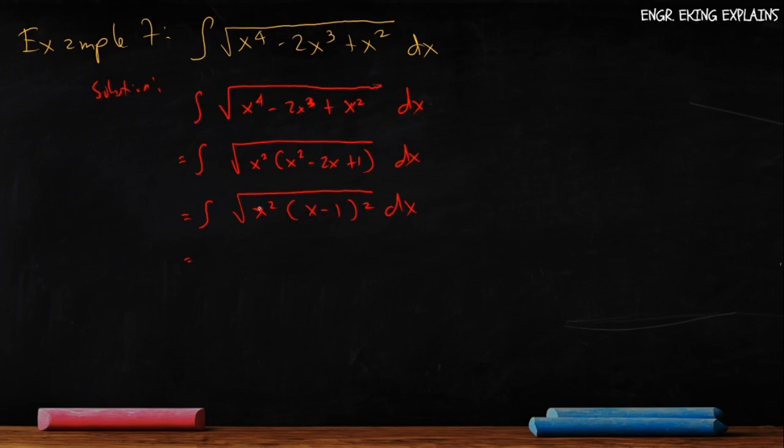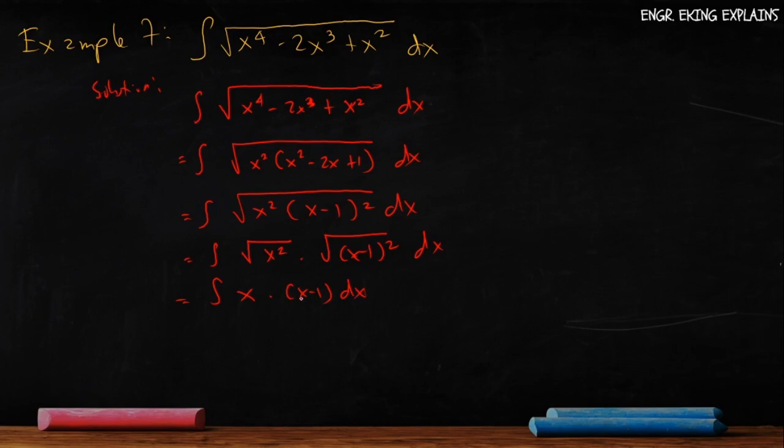Okay, so I could separate the radical. So we end up with the square root of x squared times the square root of x minus 1 squared dx. So this will be equal to x times x minus 1 dx.